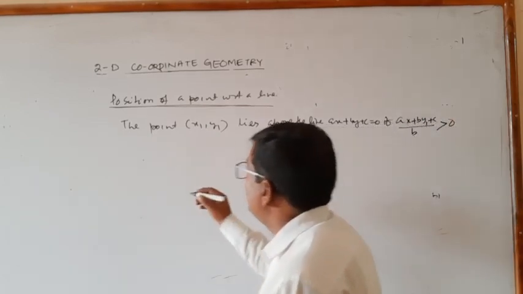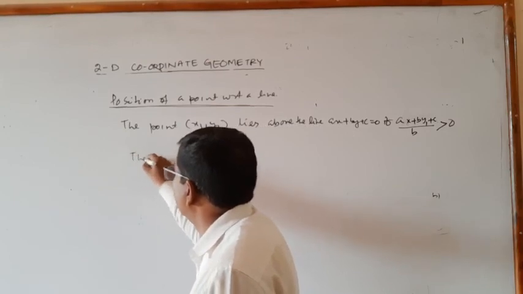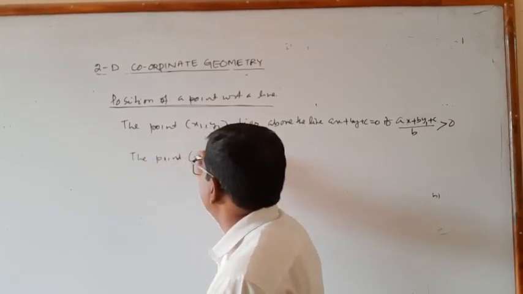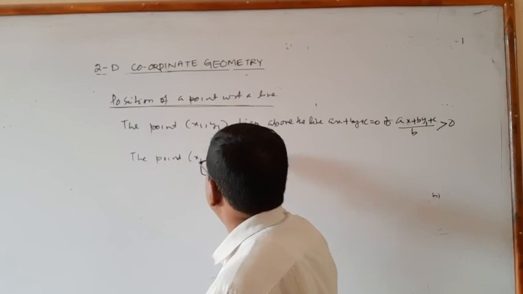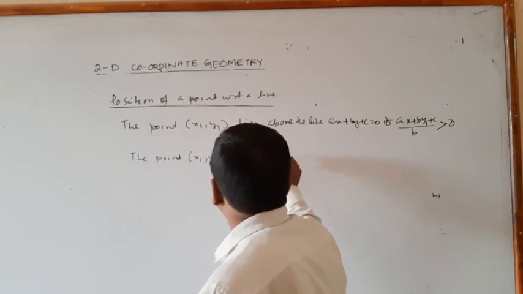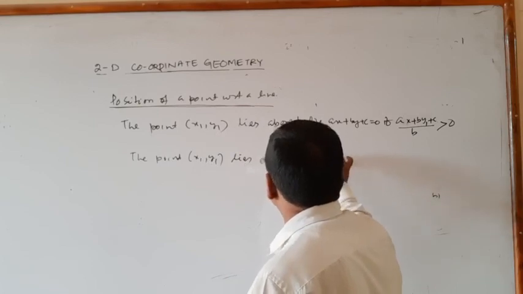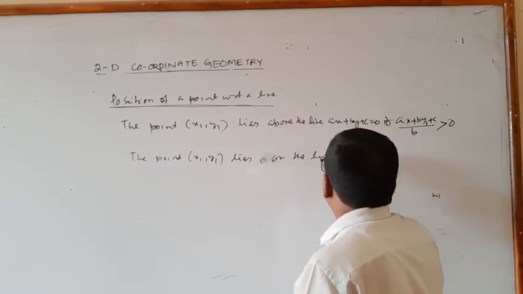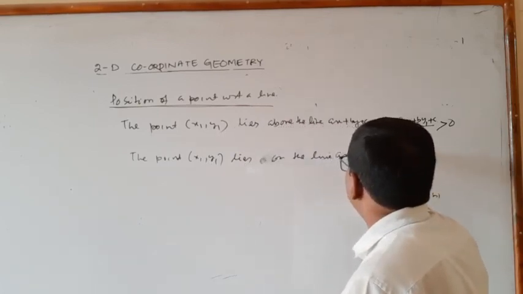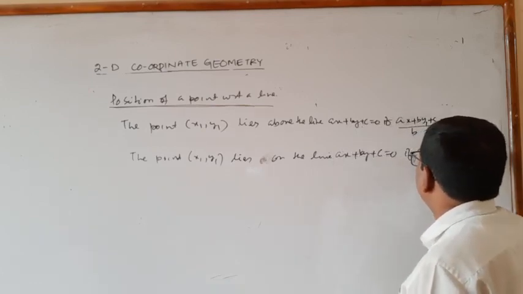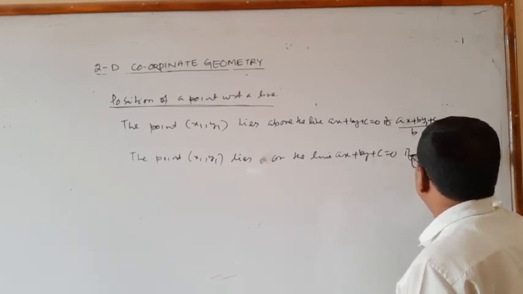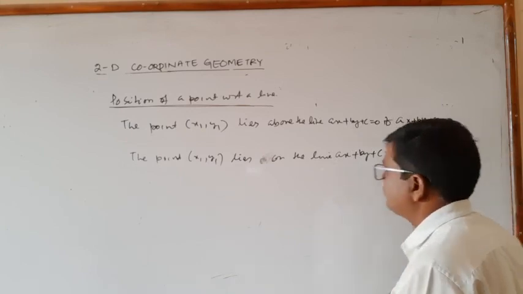The point x1 y1 lies on the line ax plus by plus c equal to 0 if ax1 plus by1 plus c equal to 0.